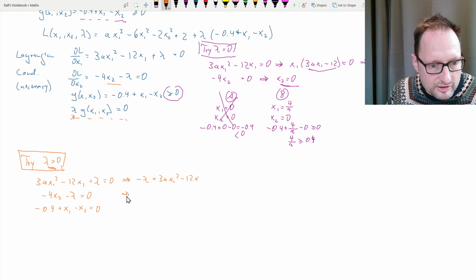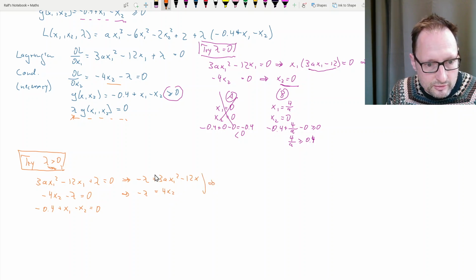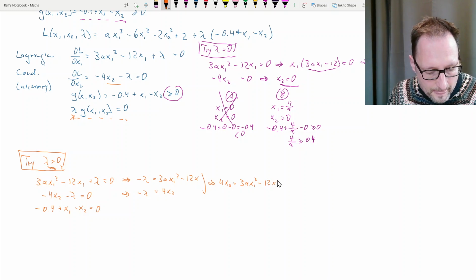Let's solve the second one for negative lambda as well. So negative lambda is equal to 4x2. And from here, we can set the two right-hand sides equal to each other. So we get 4x2 is equal to 3a x1 squared minus 12x1.